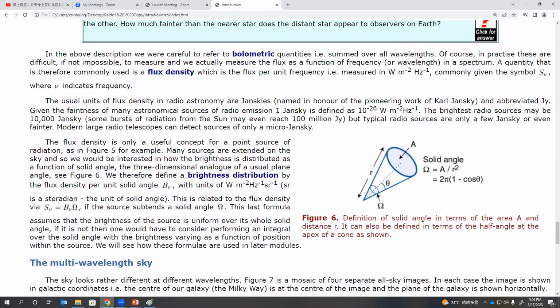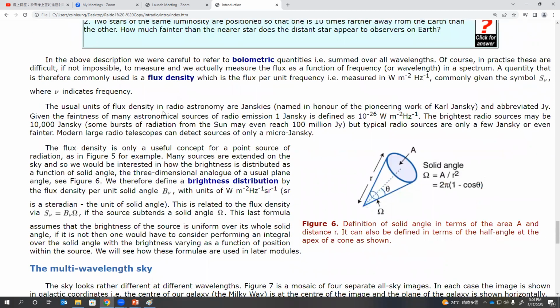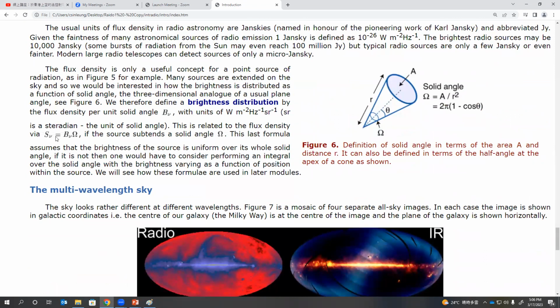All right then, one important remark is the formula S_ν equals B_ν times the solid angle, where S_ν is called the flux density, a usual unit used in the radio astronomy field.